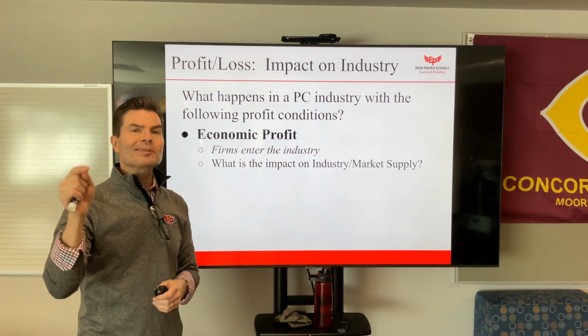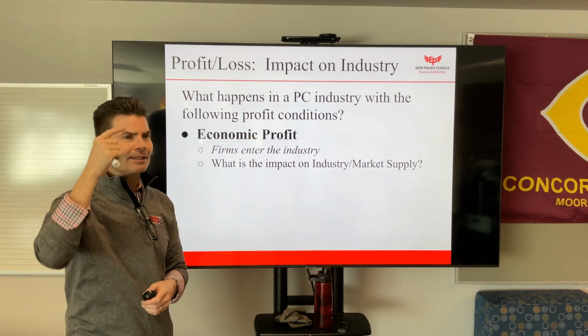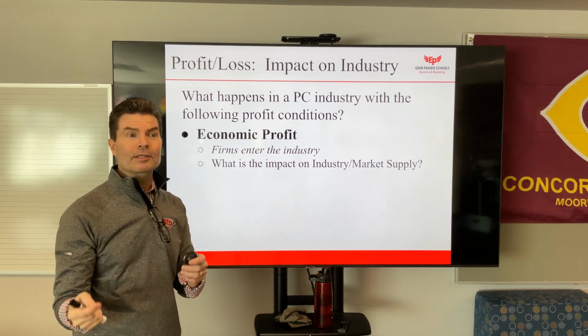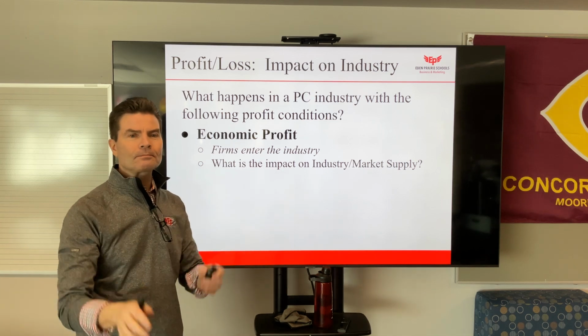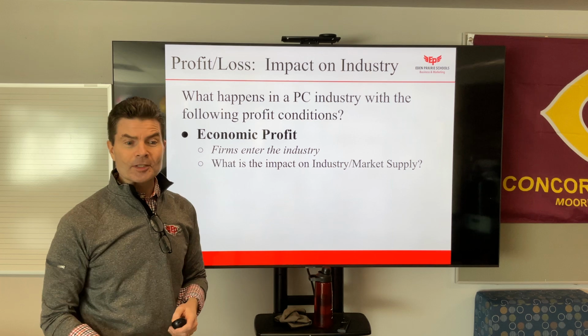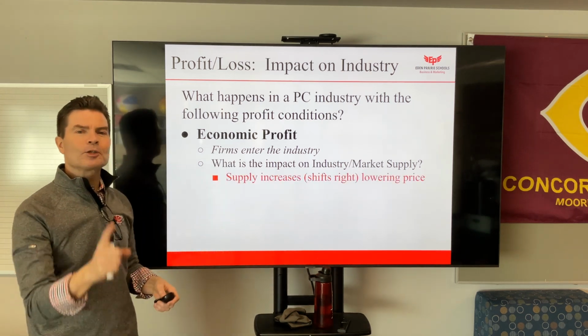We have more sellers entering an industry. If you need to pause this for a second to see if you can remember back to chapter 3 what it means when sellers enter an industry, I'll give you a chance to pause. And here's the answer. The supply in that industry is going to increase.